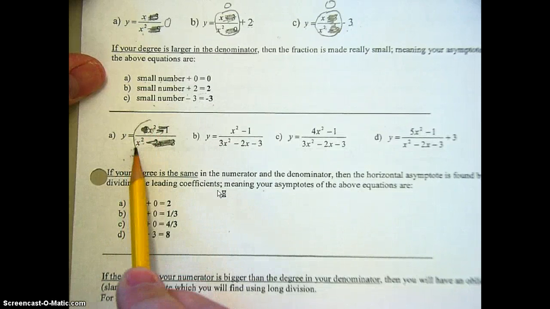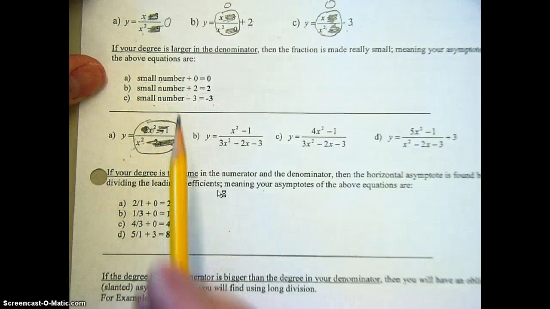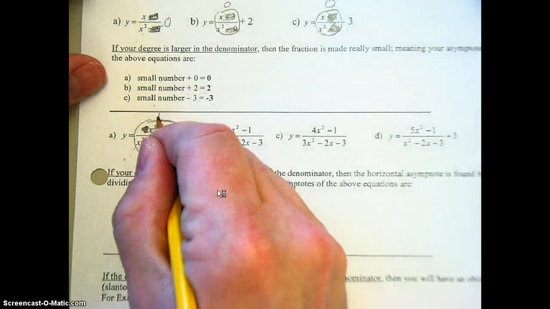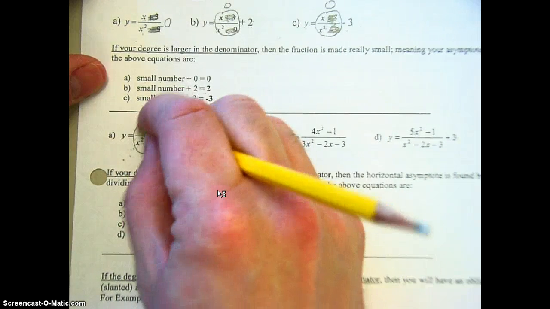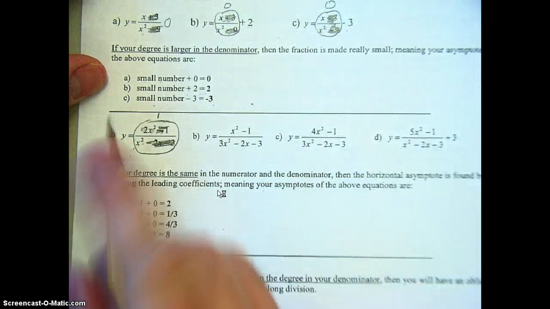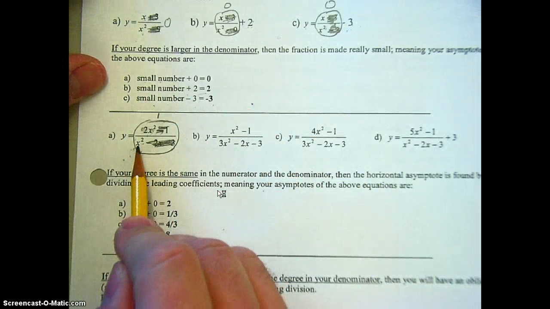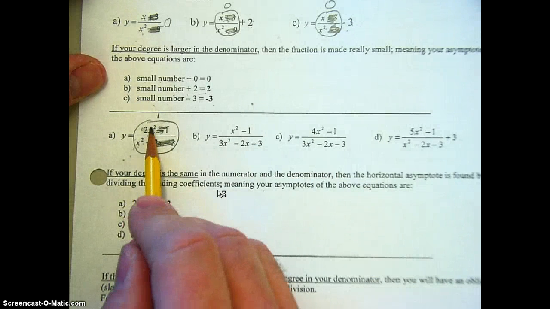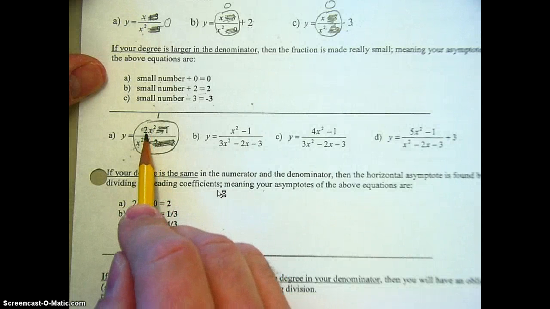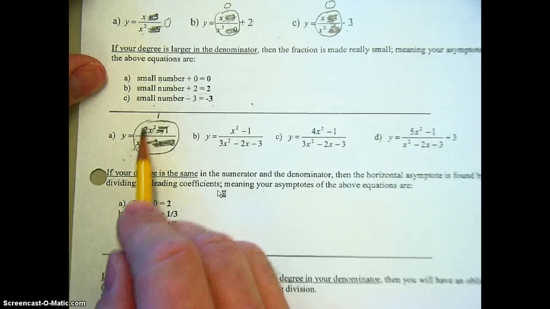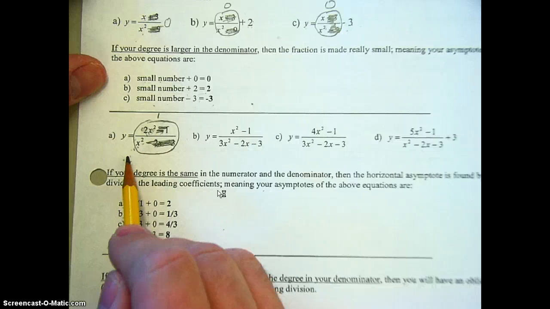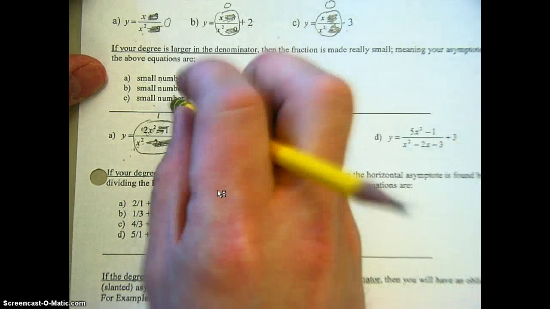So the contribution you get from this part is 1, with the exception of you have this 2 here. So rather than 1,000,000,000,000 divided by 1,000,000,000,000, you get 2,000,000,000,000 divided by 1,000,000,000,000. So 2,000,000,000,000 divided by 1,000,000,000,000 is actually 2.